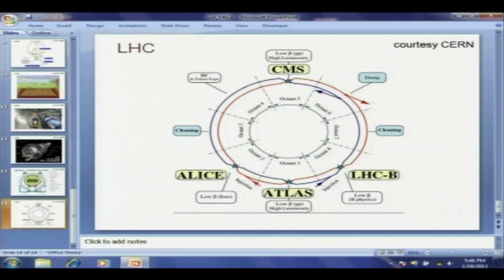These two are the general purpose experiments, detectors, which are designed to detect anything coming out of PP collisions in LHC experiments. There are a lot of things we need to know about the detectors, and we will come to that in the next discussion.